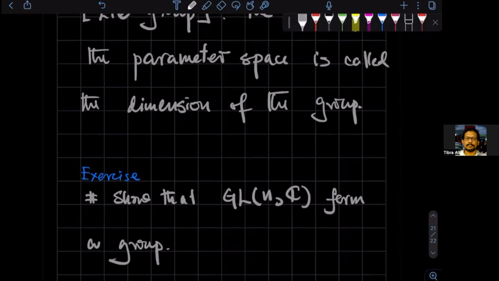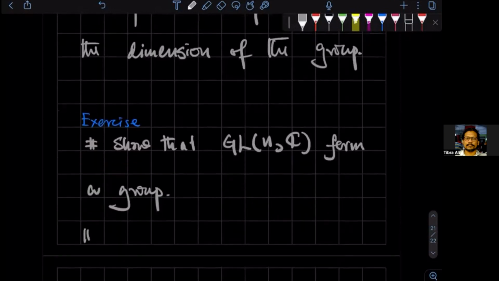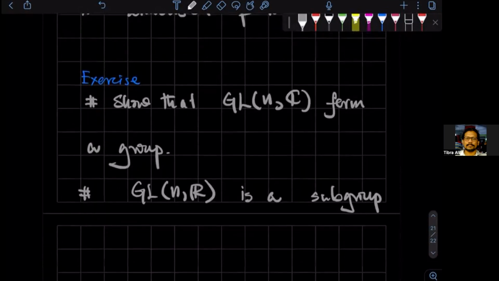And also show that GLnR is a subgroup of GLnC.